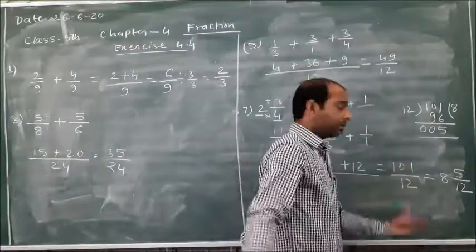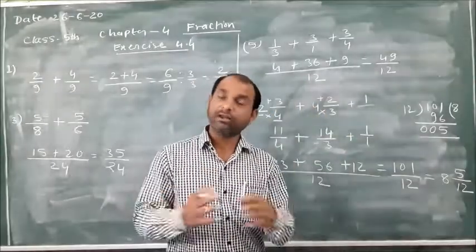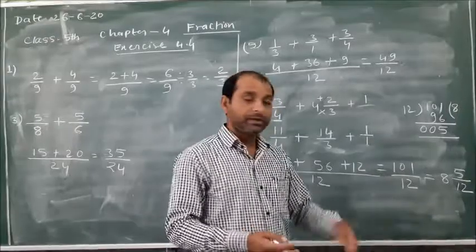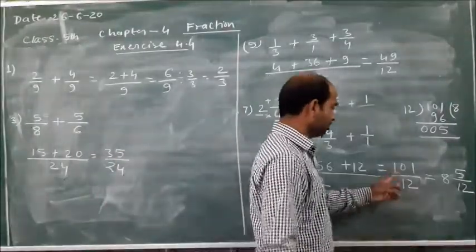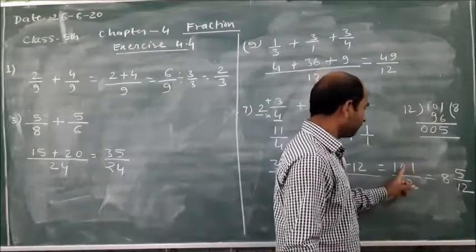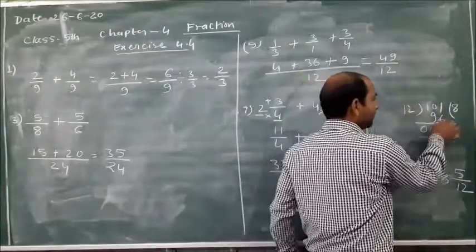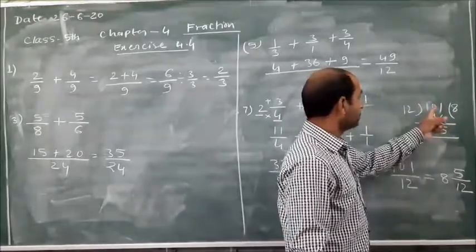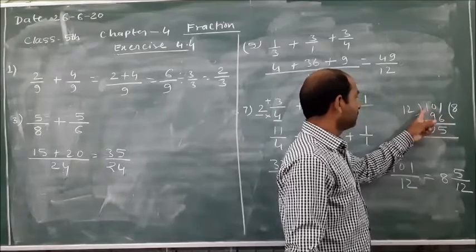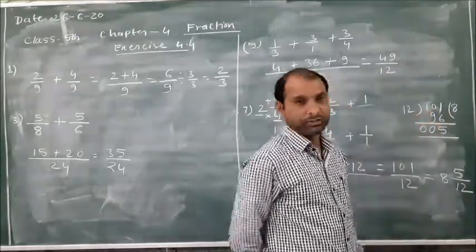101 upon 12. 12 is your denominator, which is your divisor, always the divisor, and the numerator is always the dividend. So 101 divided by 12. 12 times 8 is 96. Now 11 minus 9 equals 2... the remainder is 5.